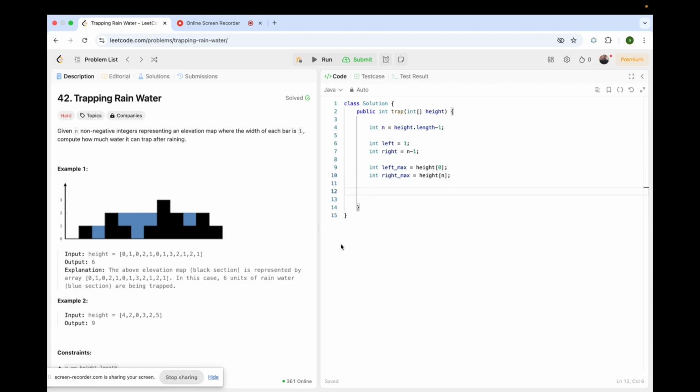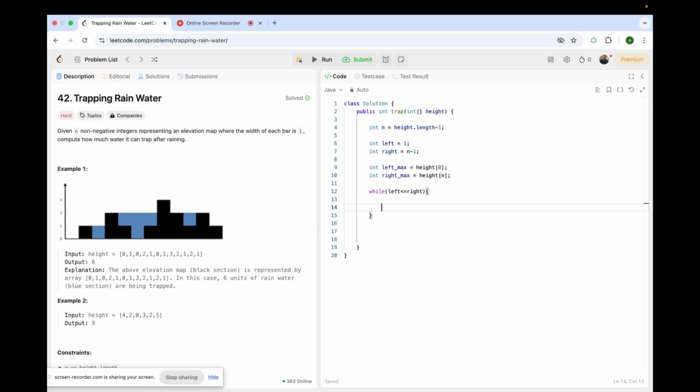This index we are considering as the right max, the highest wall. Now we will apply the two pointer approach, where we will do the same exercise until left is less than or equal to right.